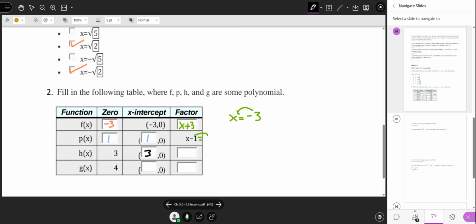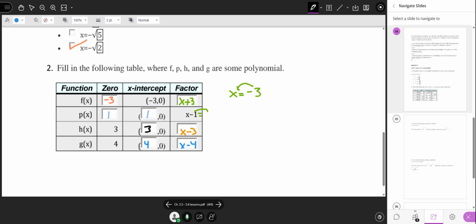And when I throw the x in there, that's minus 3. And then the last piece, same sign, throw the x in there, opposite sign. Easy peasy, actually.